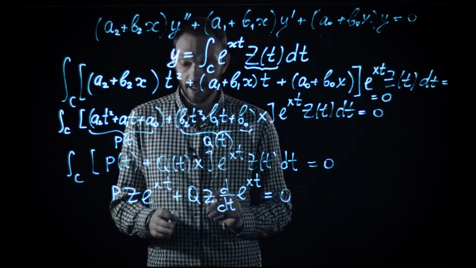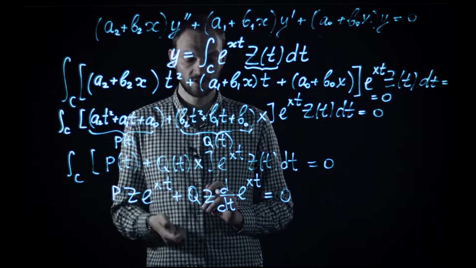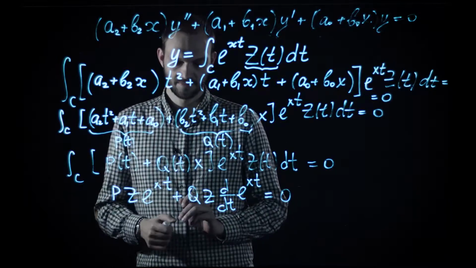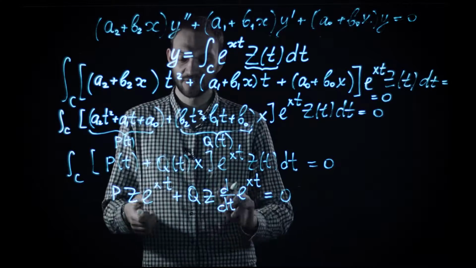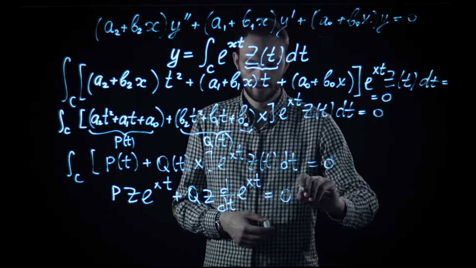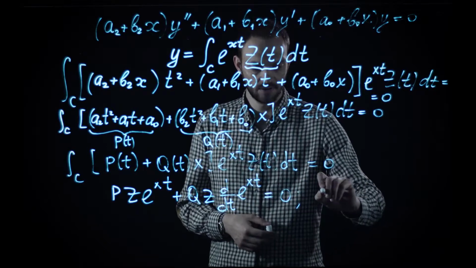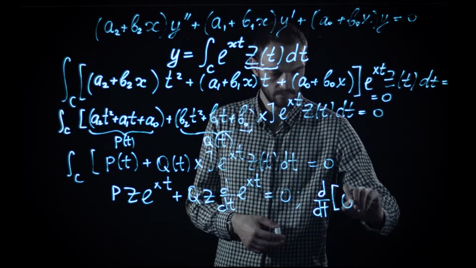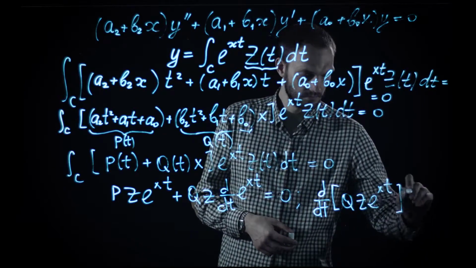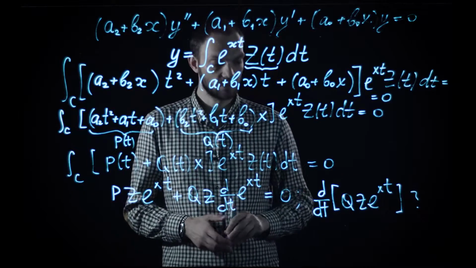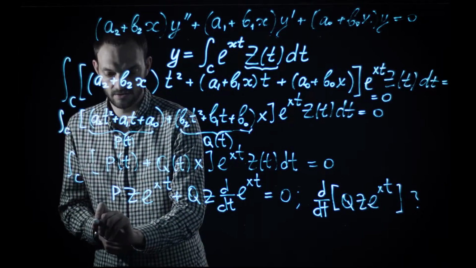It has a lot of chances to be a full derivative, because it already reminds us of a full derivative of some product. We will require it to be a full derivative of the following expression. And this gives a certain equation for the independent function z.